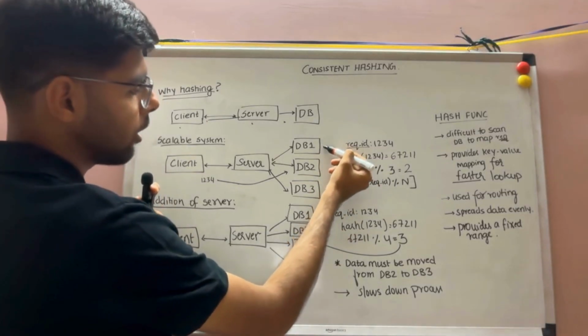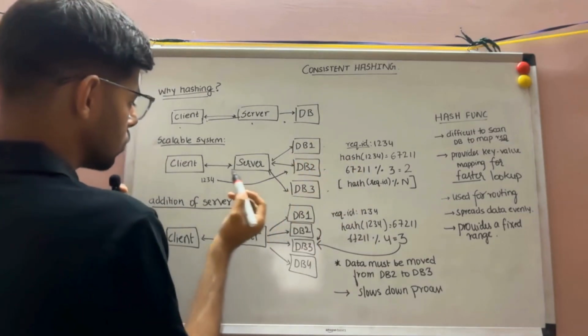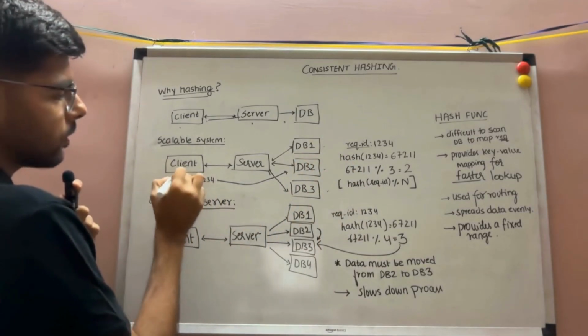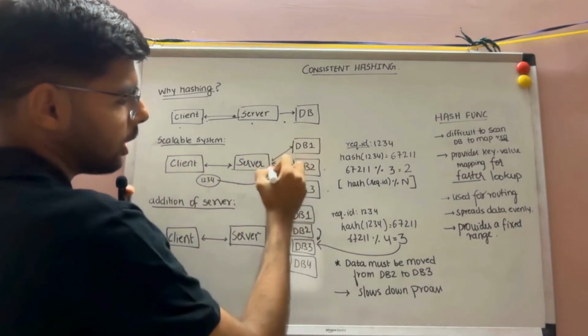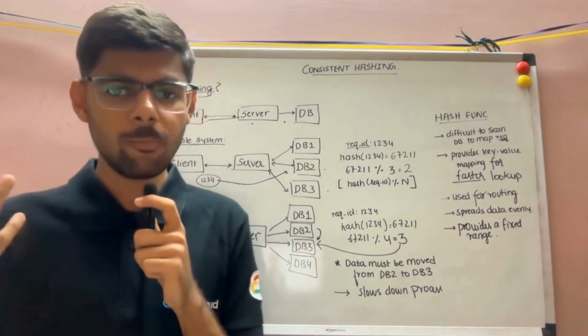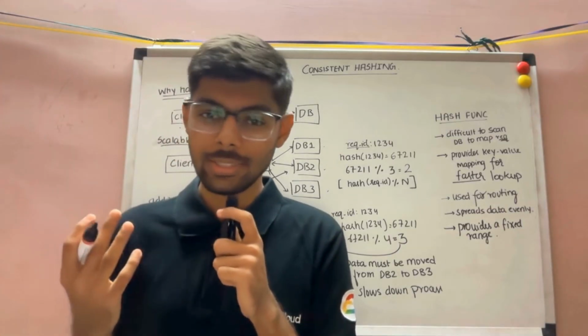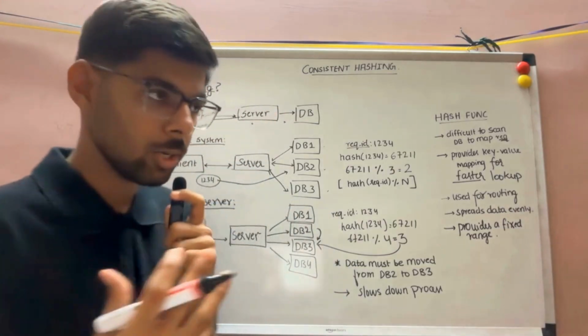So you have here three databases. So now any request coming could be routed to any of these databases. So that should solve the problem, right? But this creates another big problem, that is, where should we route the data to?